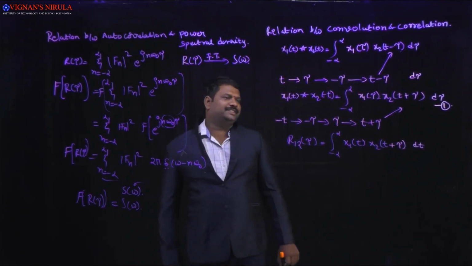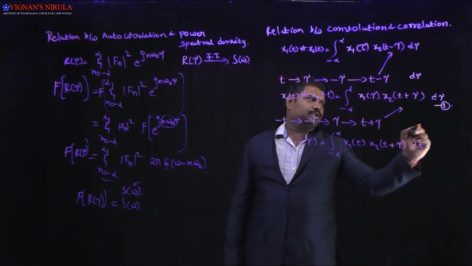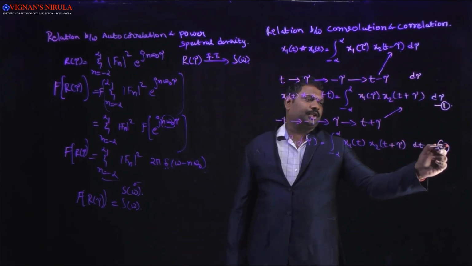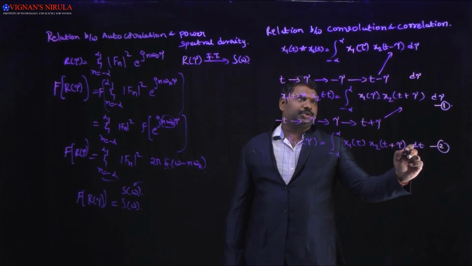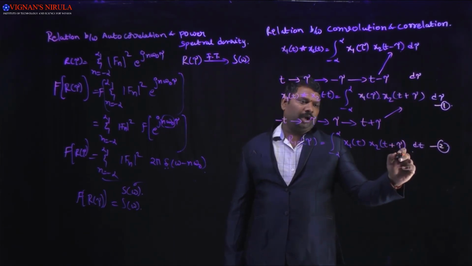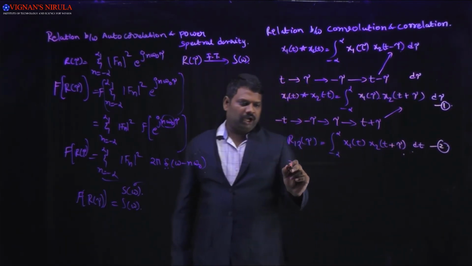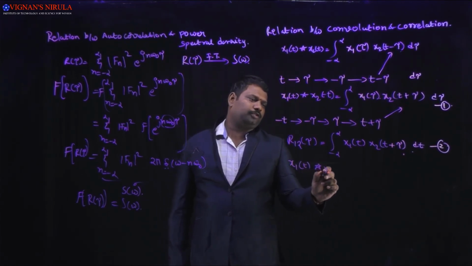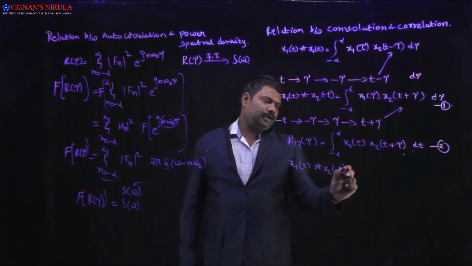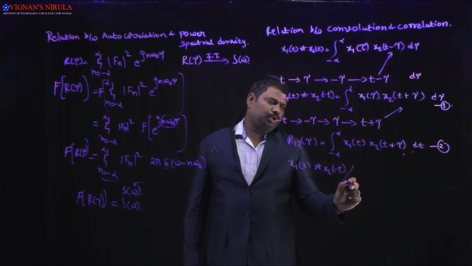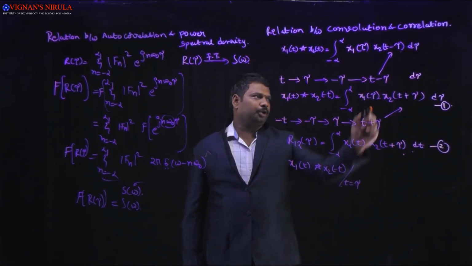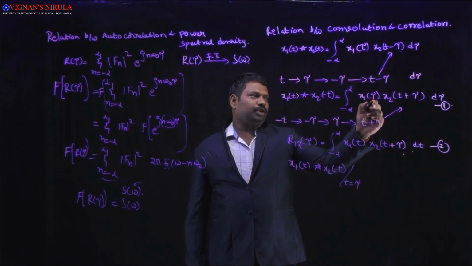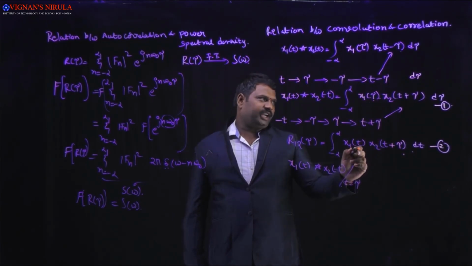Simply, if you observe these two equations, these two are equal when our x1 of t convolution with x2 of minus t is evaluated at t is equal to tau. If we put t is equal to tau, that means tau will be replaced by t, therefore we get this one.